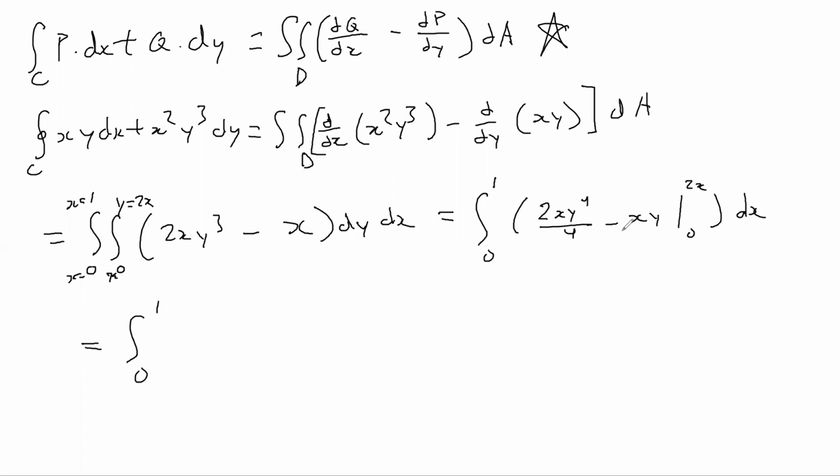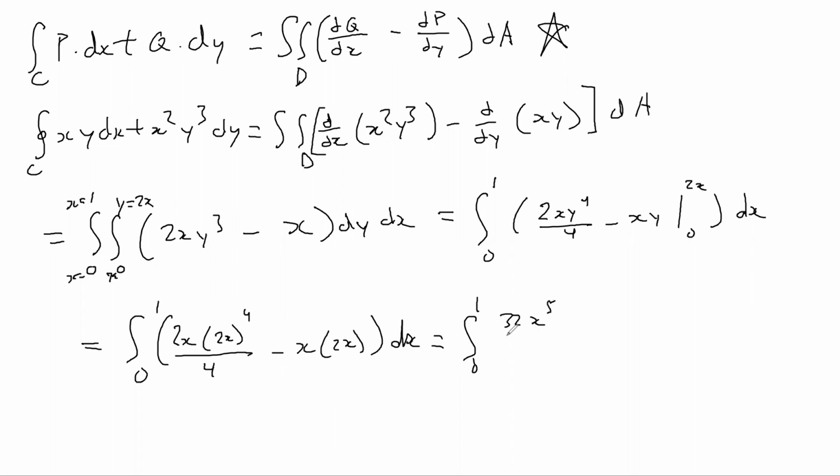And for 2x, we get 2x multiplied by (2x) to the power of 4 over 4 minus x times 2x, dx. Now that's going to equal the integral from 0 to 1 of 2 to the power of 4 is going to give me 16, so 32x to the power of 5 over 4 minus 2x squared dx.